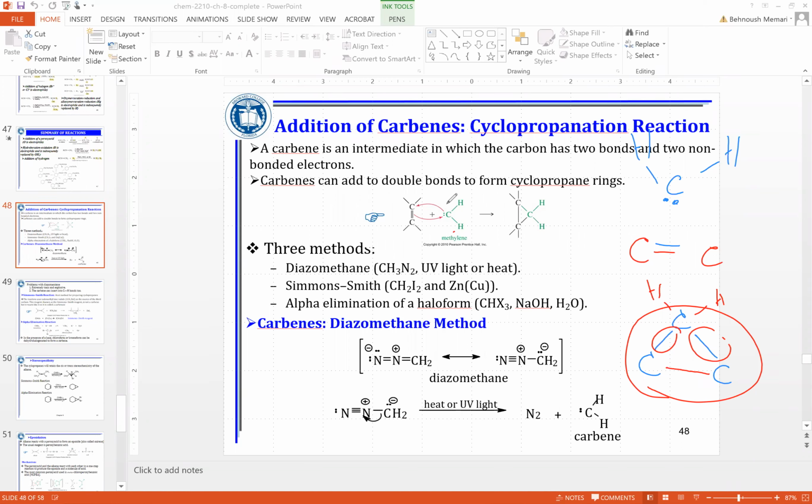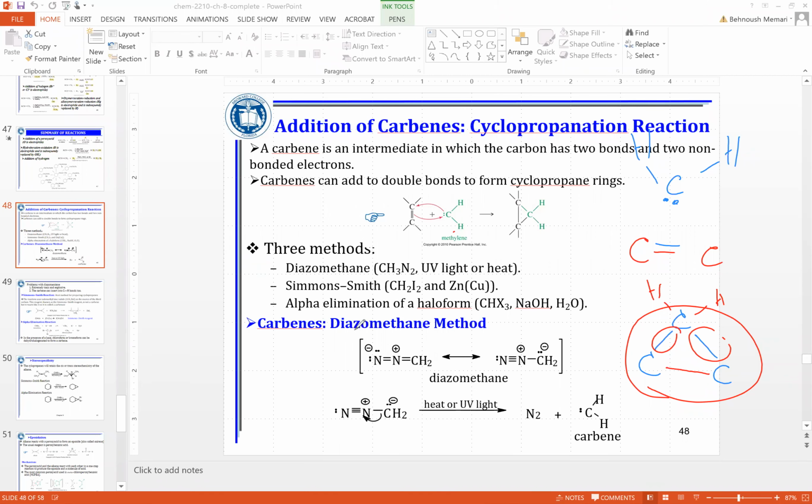So you don't have a container of carbene to open and pour some carbene onto a carbon-carbon double bond. The carbene has to be synthesized or prepared inside the reaction mixture.